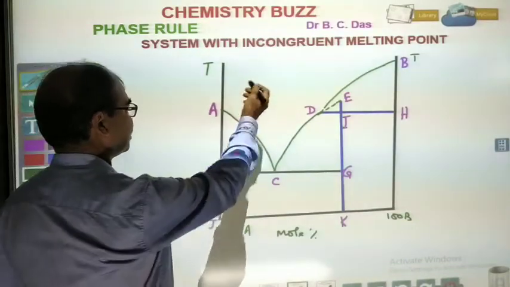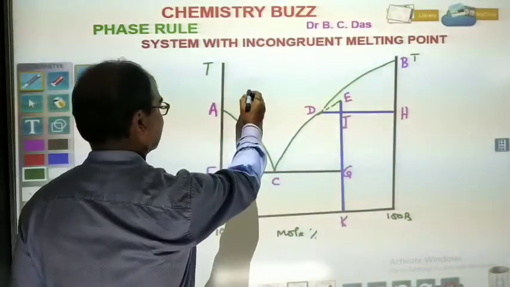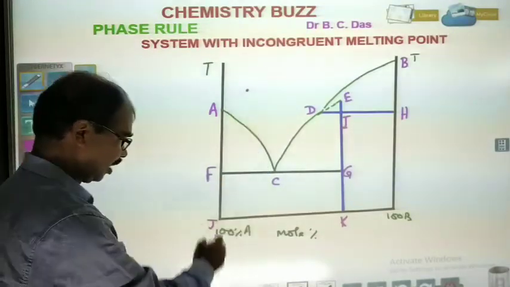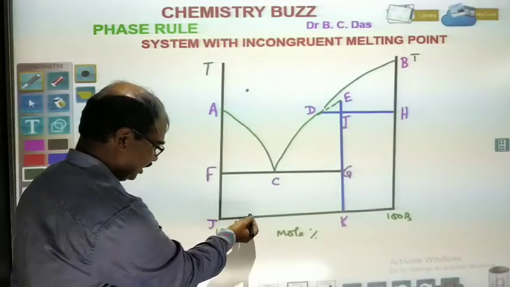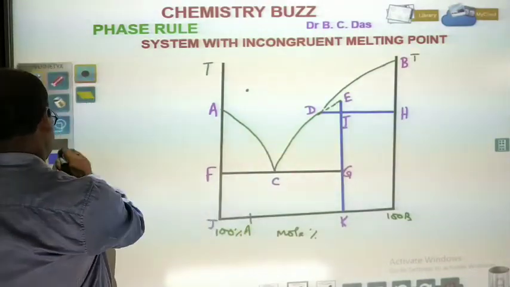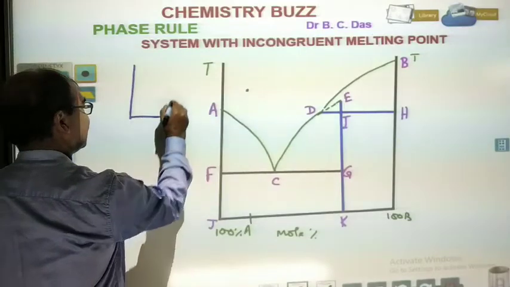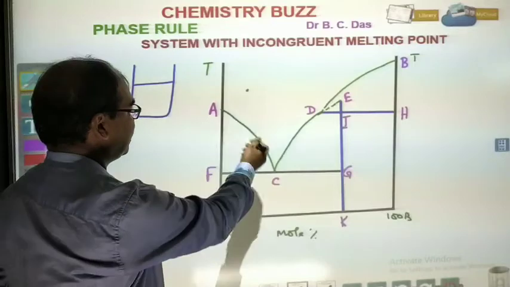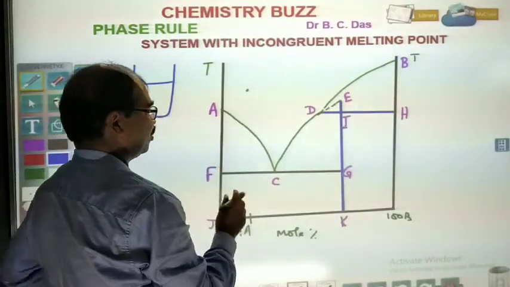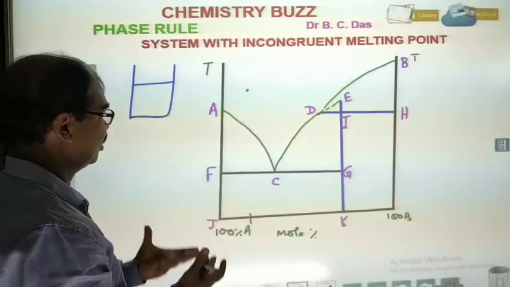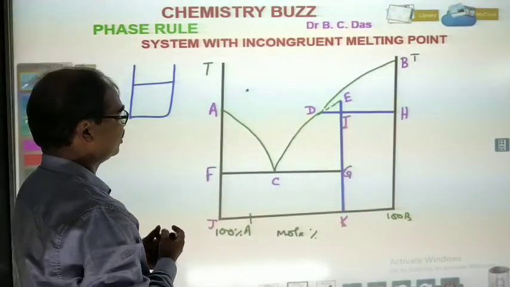Suppose we have taken a composition that is 80% A and 20% B, say here. We take the mixture in a container and heat it to a very high temperature where both components become liquid and homogeneous.